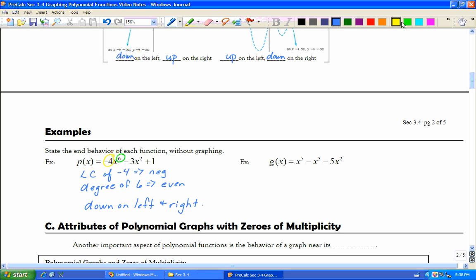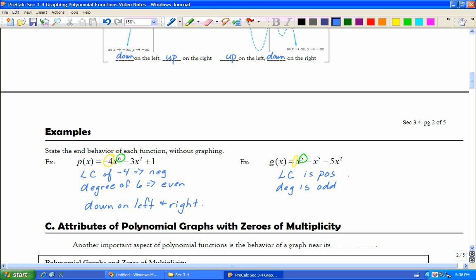Okay, our next example. Again, let's take a look at our leading coefficient. Well, there's no number there, but if there's no number there, it's 1. So our leading coefficient is 1, which is positive. And what is our degree? Well, our degree is 5. So our degree is odd.